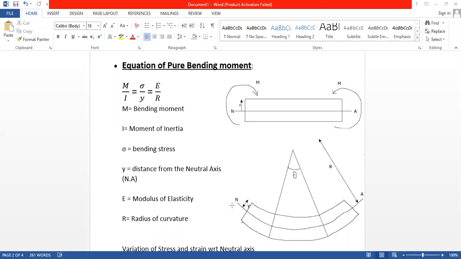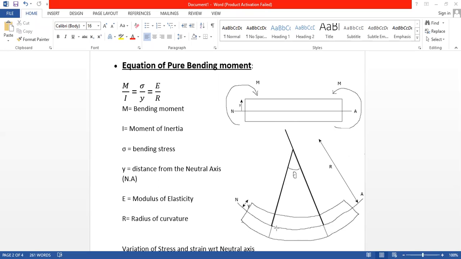Now if we take two points, suppose we take this point and extend it to a certain distance, and again we take another point on the neutral axis and again extend it to a certain distance, a point will come where the lines extended from these two points will intersect with each other.